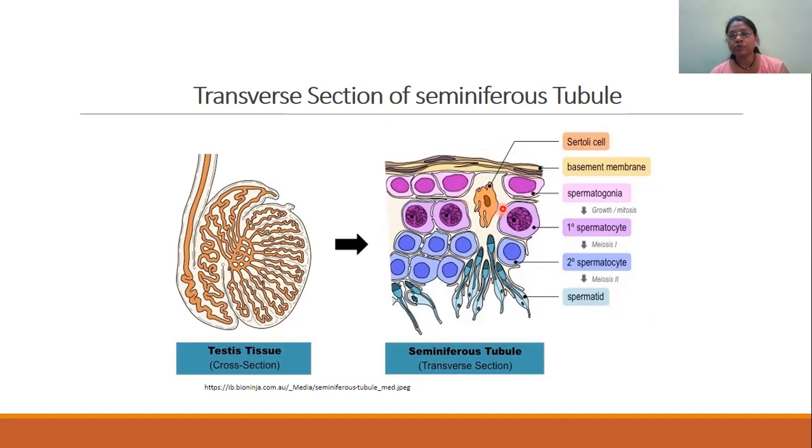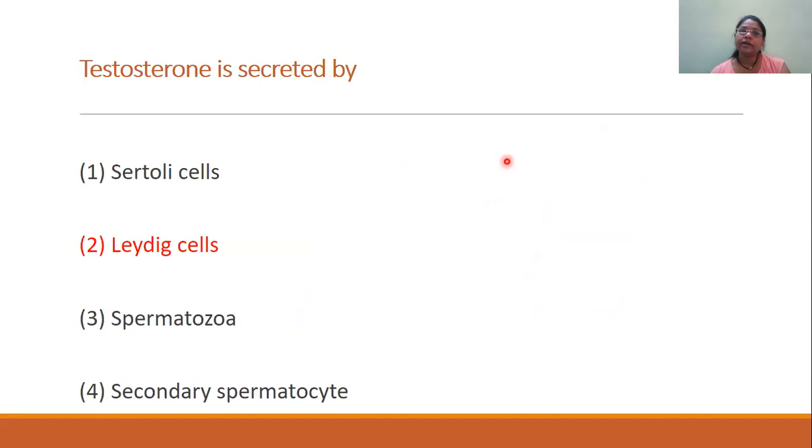The Sertoli cell is mainly responsible for the development of the sperms; it gives support to the sperms and also nourishes them for their development. And the Leydig cells, which are present in the connective tissue between the seminiferous tubules, are responsible for the secretion of testosterone. So the answer to our question, testosterone is secreted by, is Leydig cells.